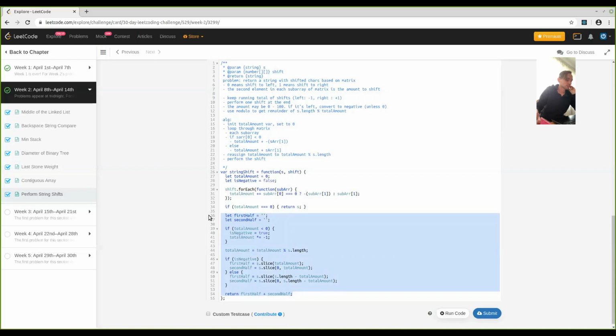Here, my solution is that I break down the first half of the string and the second half of the new string. Based on whether the shift is left or right, the first half or the second half is different. Originally, the problem I was having was I didn't think hard enough about what would be the first half and second half for a negative shift and what would be the opposite for a right shift.